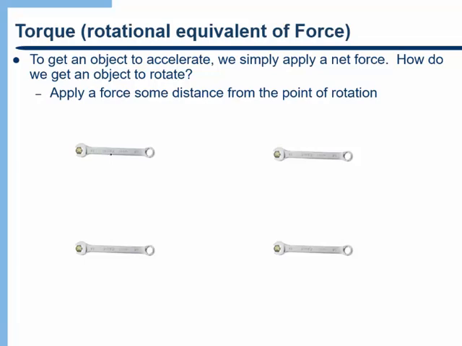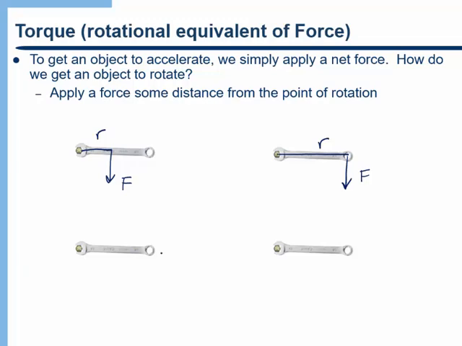Maybe I exert a force right here. So I put my hand kind of in the middle of the wrench and exert my force there, where the force is a distance r from the center of the bolt, the point of rotation. Now maybe instead I apply that same force at the end of the wrench, a greater distance away.